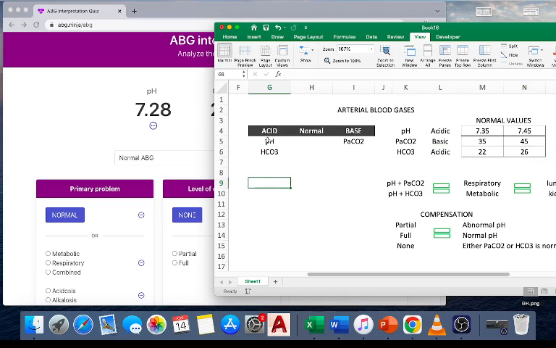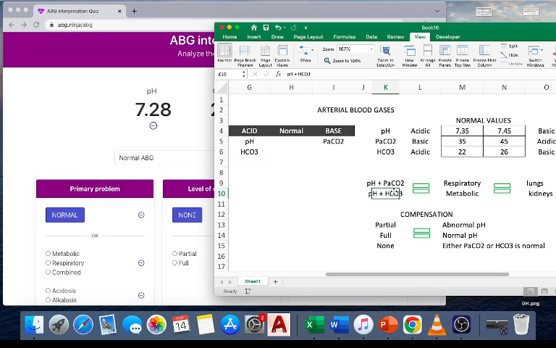Okay, so both pH as well as bicarbonate are in the acid column. So if it's an HCO3, it's metabolic. If pH and CO2 fall on the same column here, it's respiratory.